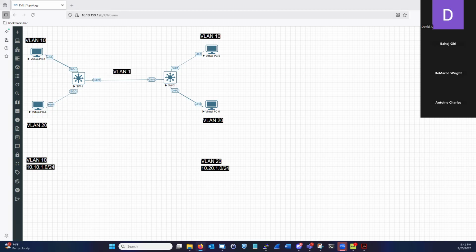With this being said, DeMarco, if I were to give an IP address to VLAN 10, and I were to give an IP address to PC5, am I able to ping PC5 from PC3?